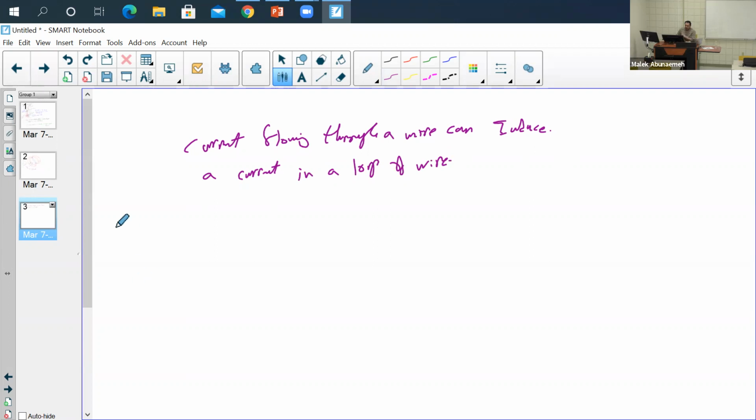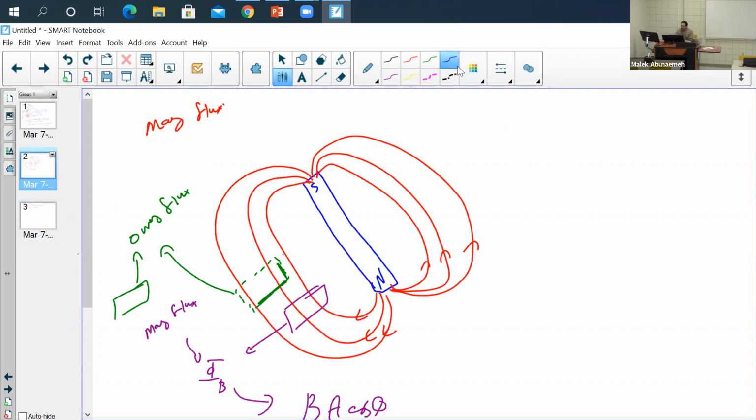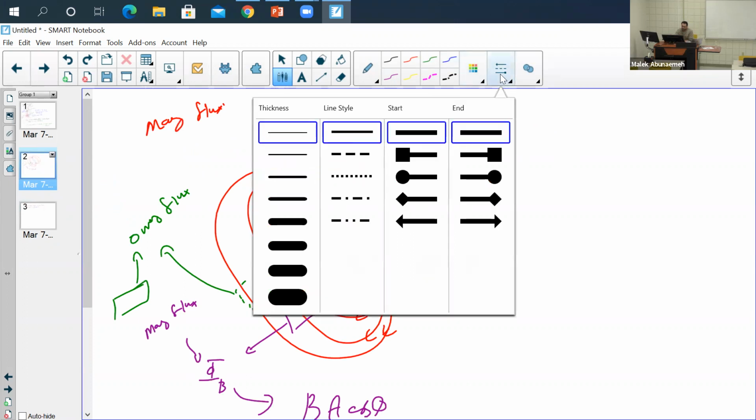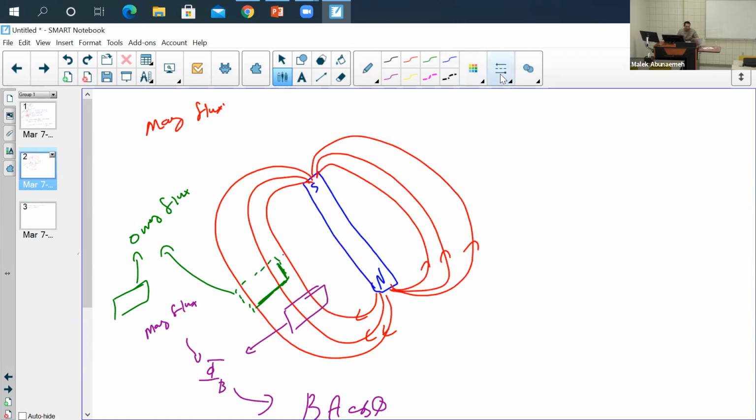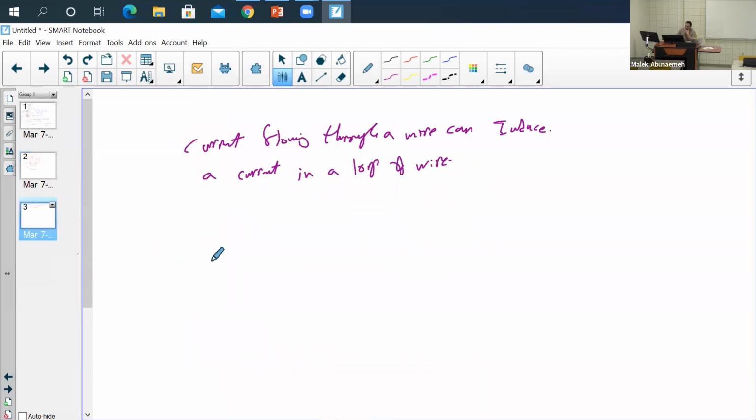And that's what we're doing. So if we put a loop of wire, you will induce a current. Now we put a large surface right over here, where you're going to have a large flux, which generates current. So current flowing through a wire can induce a current in a loop of wire.